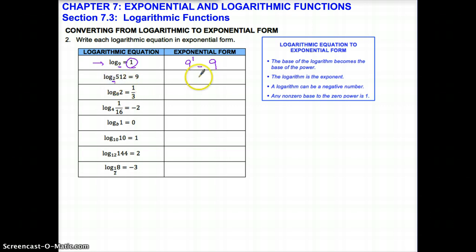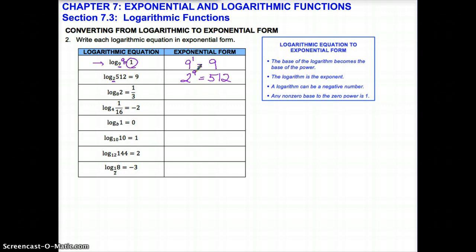Here, our base, and this really should have a 9 written there, base 2 raised to the 9th power gives us 512. And you can take a look, certainly, and multiply it out by itself 9 times and check and see that you do have that written correctly.